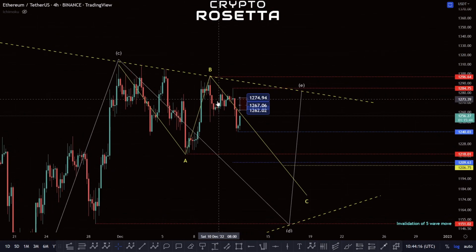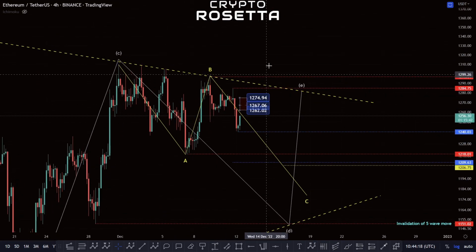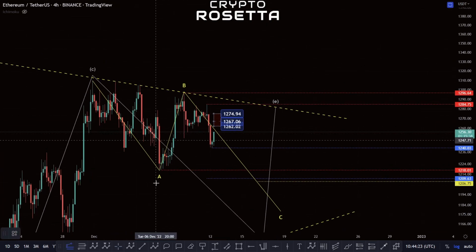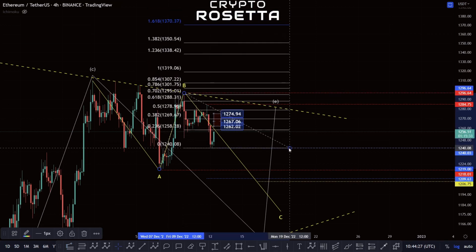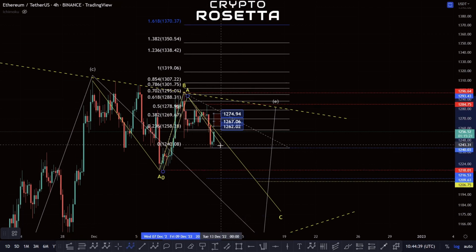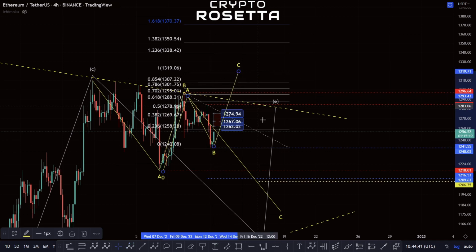And what that would be is, even if it was just a zigzag to the upside, which would take us to this zone, if I just drop this on here, a zigzag to the upside would take us to this 1319 area, and basically that could be a completed ABC within this move here if this plays out.